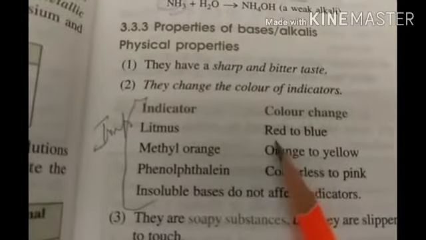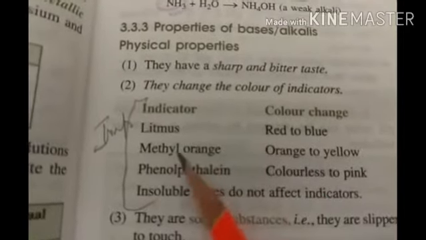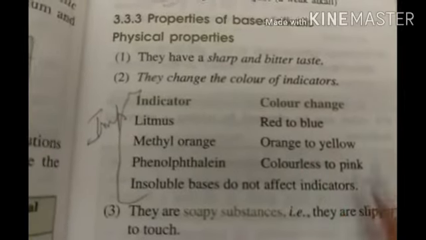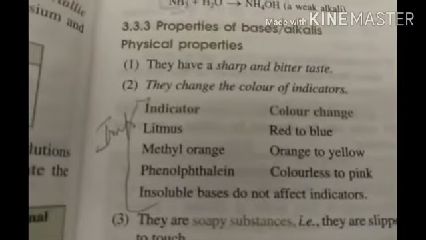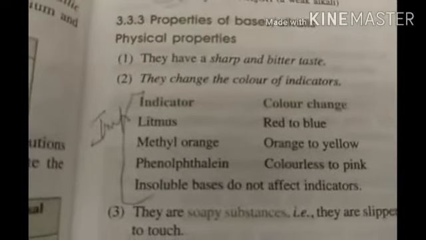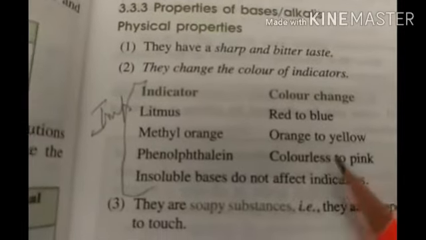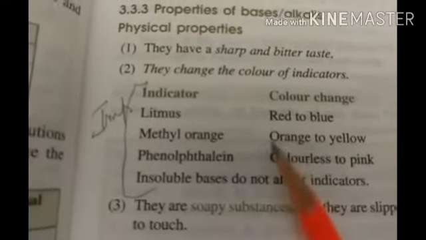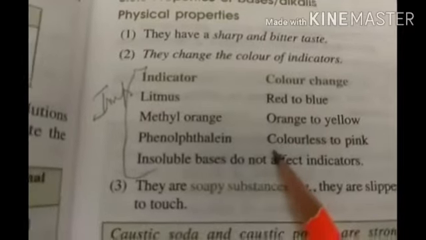Litmus will turn from red to blue. If we take the indicator methyl orange with the base, it will turn orange to yellow. And if we take phenolphthalein with the base, it will turn colorless to pink. Generally they will ask you about the color changes in the exam.